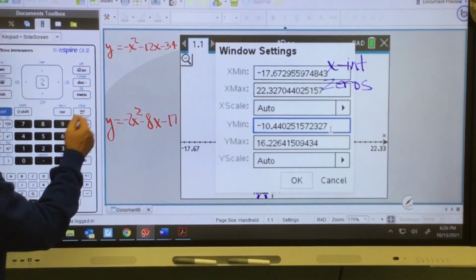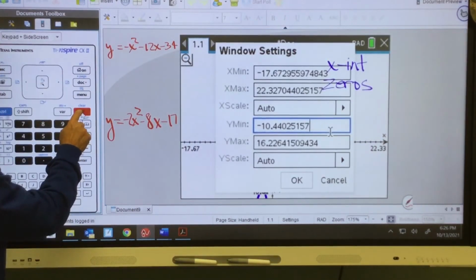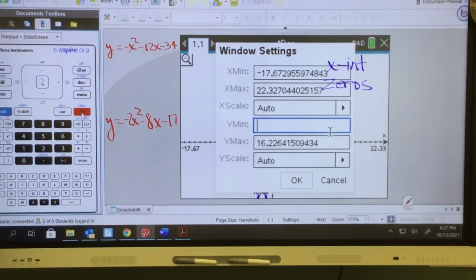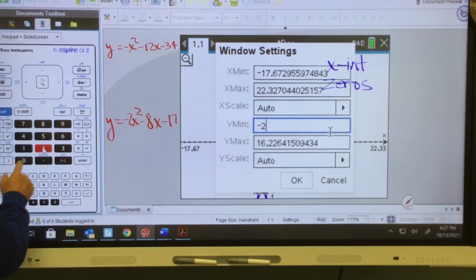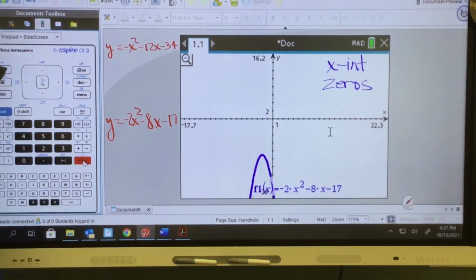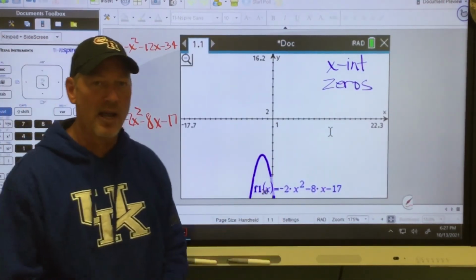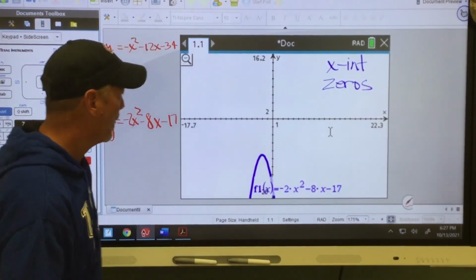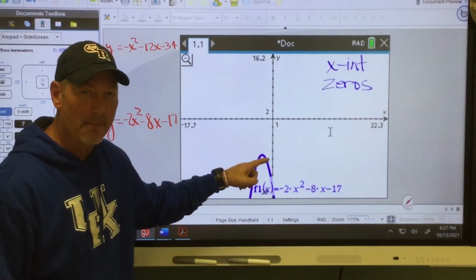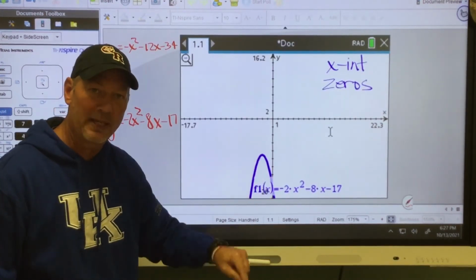I'm going to delete this stuff. You can do this real quick with your finger, but I have to back this up. And I'm going to change mine to, I don't know, -20. Enter. Now I can see my graph. I'm going to find my vertex. This is going to be a maximum value because it's opening downward.